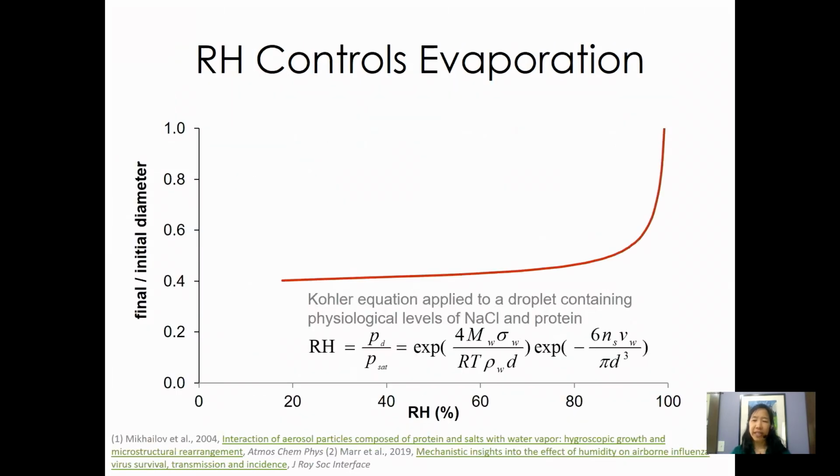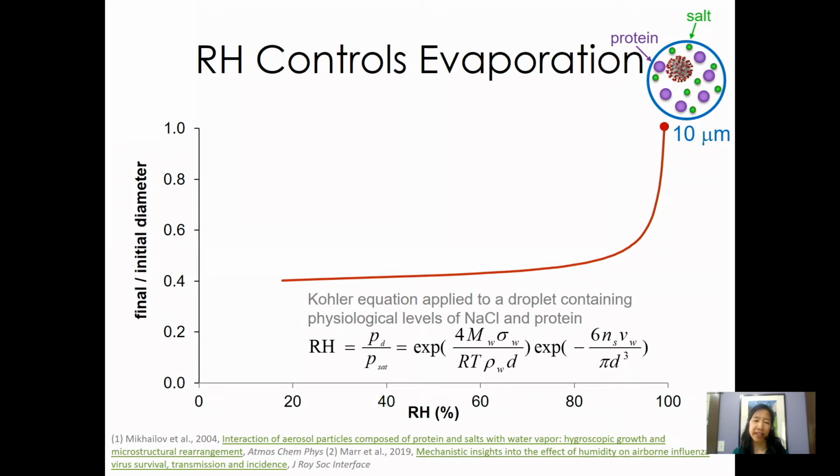And so why is this happening? Well, relative humidity is important for chemistry because it controls evaporation and condensation of water, deliquescence. So if we start with something that's from a saturated environment, such as our respiratory tract, a respiratory droplet that contains salts and proteins and maybe a virus, and we expose it to ambient humidity, which is going to be less than saturated, the Kohler equation will tell us, at equilibrium, what the final diameter of that is.